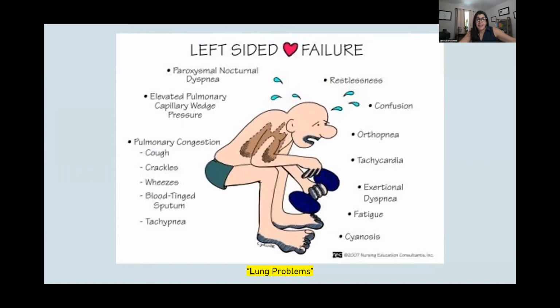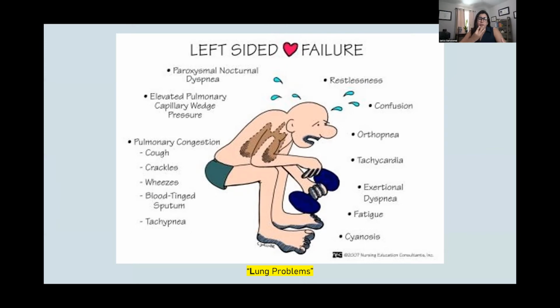When you're looking at left-sided, because the blood comes from the lungs being oxygenated, then you think about lung problems. It's going to start pooling in the lungs. So you'll have fluid basically in the lungs, with restlessness, confusion, tachycardia, dyspnea, orthopnea.